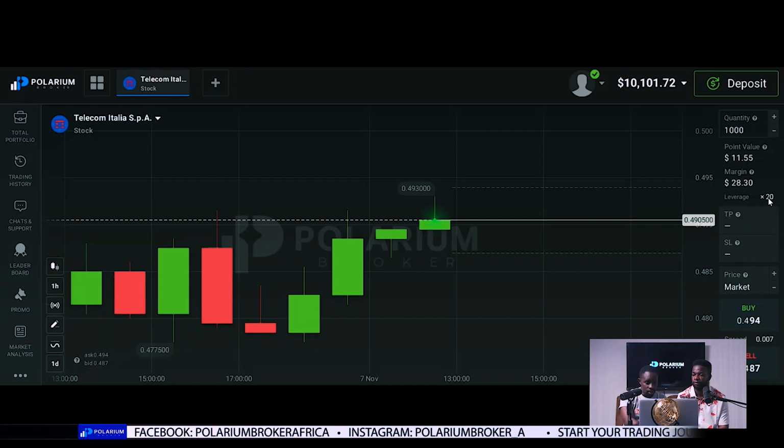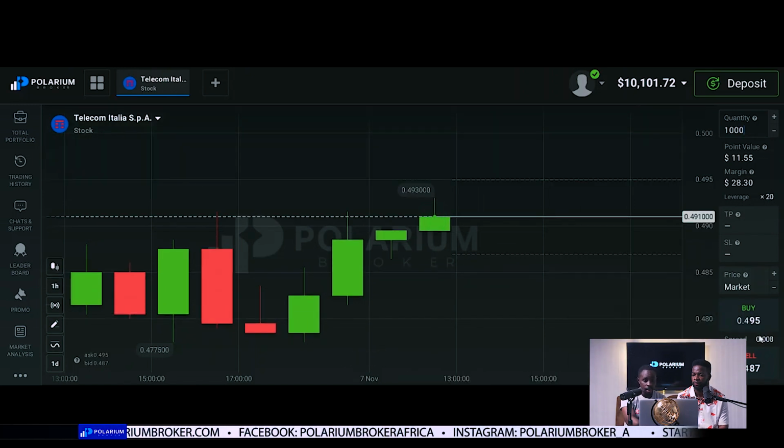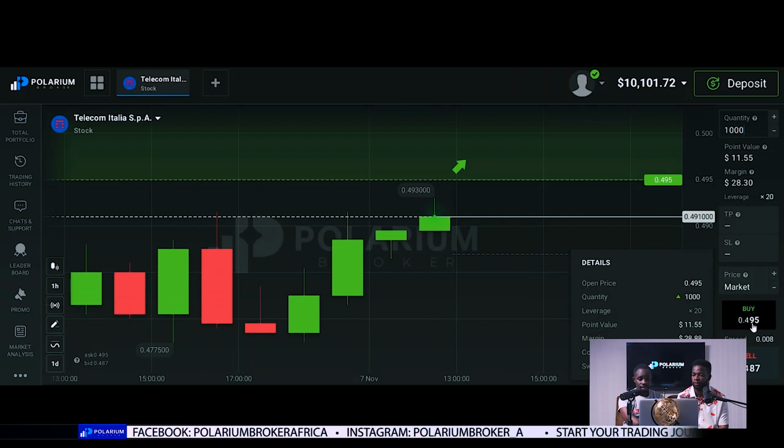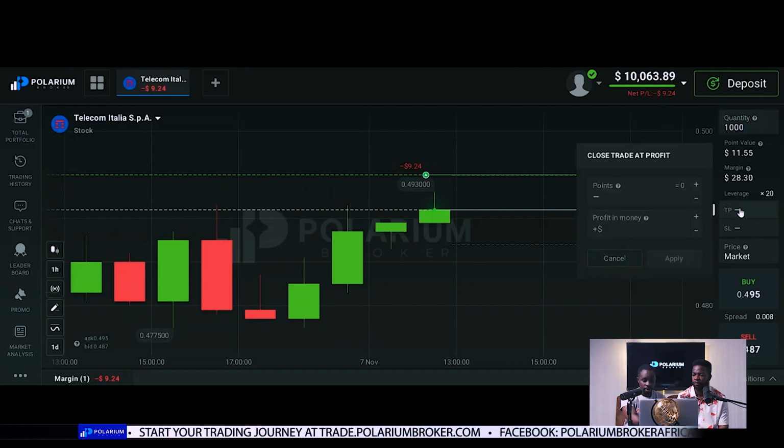Because the asset is rising right now, we can click buy, and then we choose our take profit. As I always do, I prefer to come here and add it here.